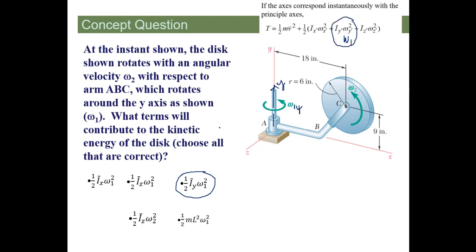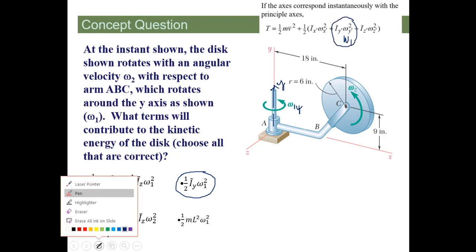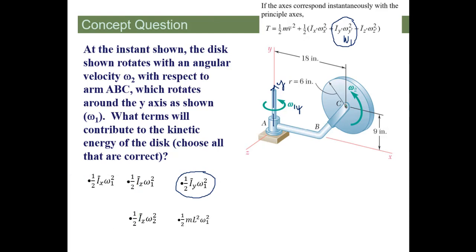And then here, let me grab a different color. For our omega 2, what direction is omega 2 going in? And it looks like omega 2, this is the z direction. So if we're coming right out of here, we're wrapping around in the z direction. So omega z, this is omega 2.